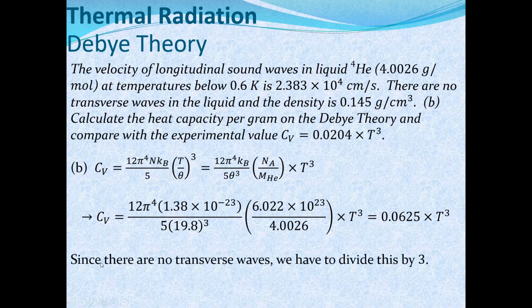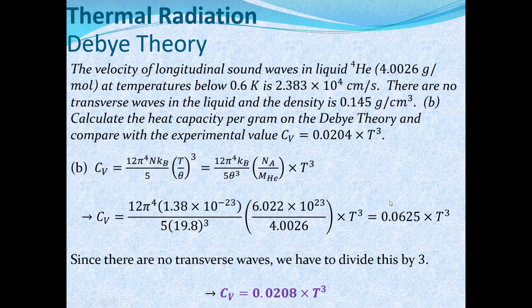And then since they said that there are no transverse waves, we're going to take this and divide it by 3. And that's where we get the 0.0204. One good thing that you can do, since we know what the answer is, is try to compare this and say, okay, how could I go from here to here? Clearly I have the T cubed part.